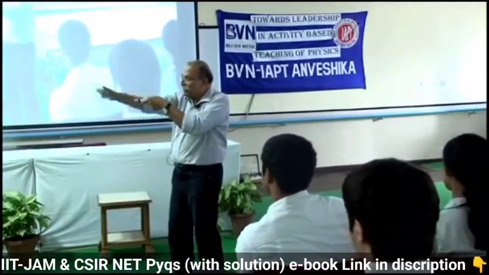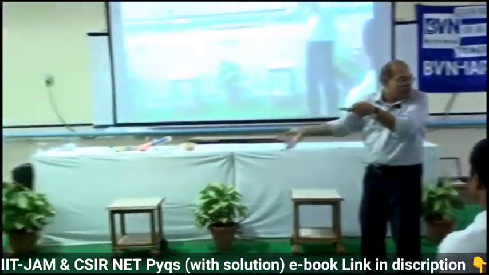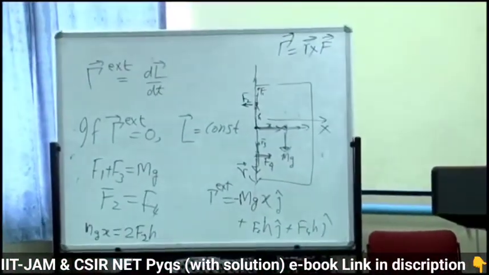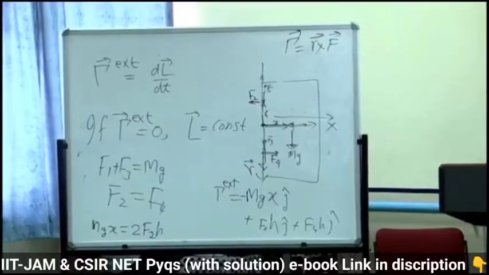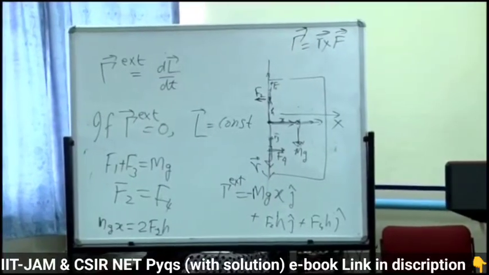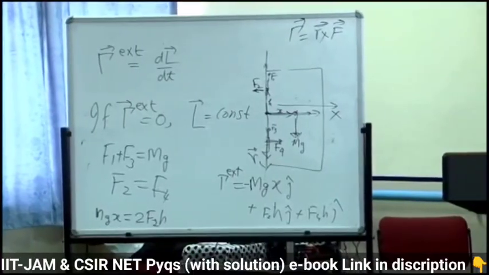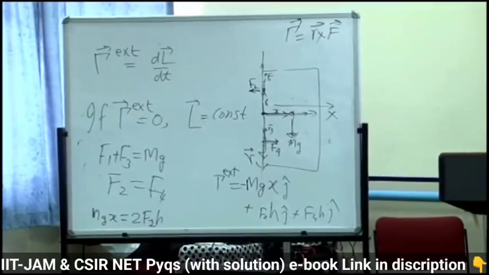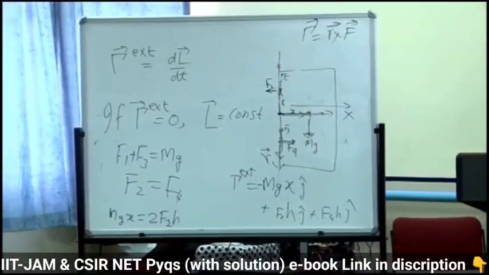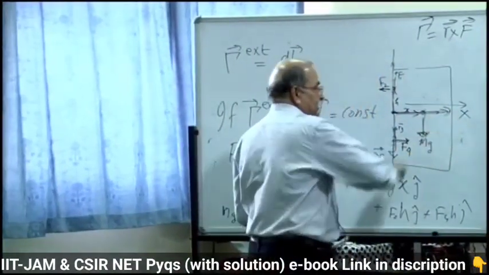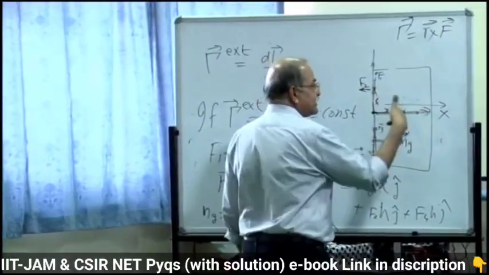It wants to topple my door. So you will have a torque in this direction, and that is what is coming. And why minus? Because this is the R vector, this is the F vector, and R cross F is going inside.